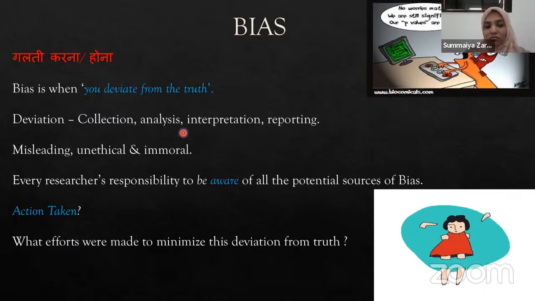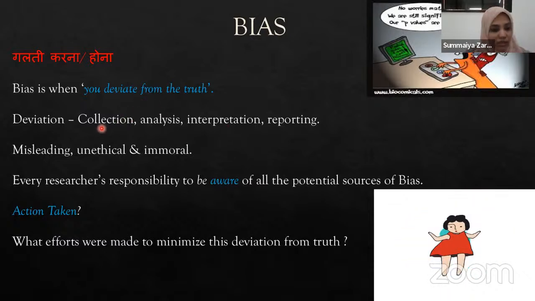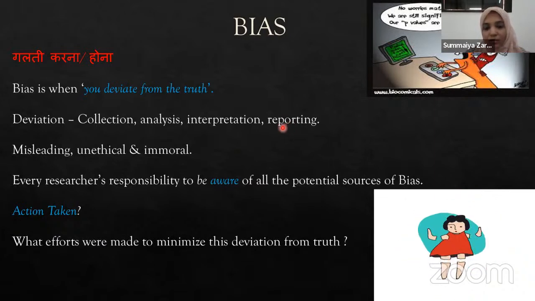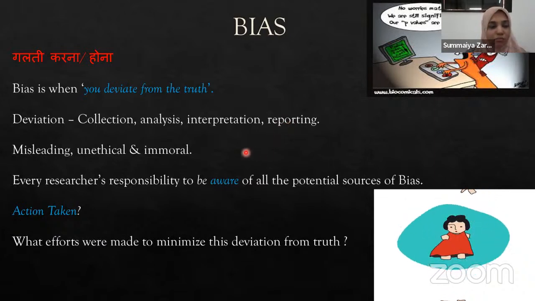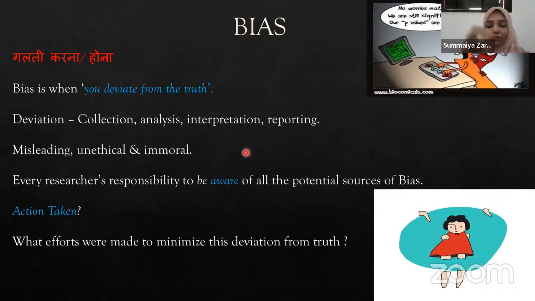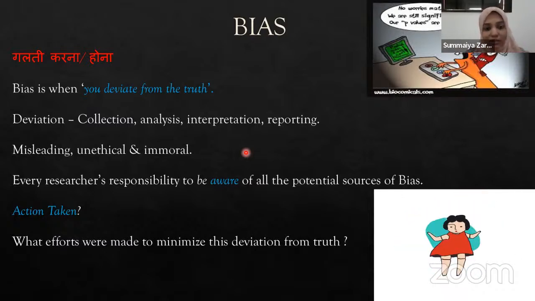These deviations can occur during data collection, analysis, interpretation, and reporting. Whatever the cause, whether you allow it or it comes unintentionally, it is misleading, unethical, and immoral if you haven't checked for biases in your own study.